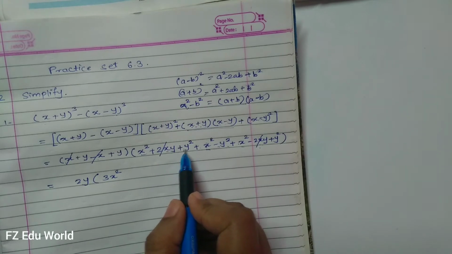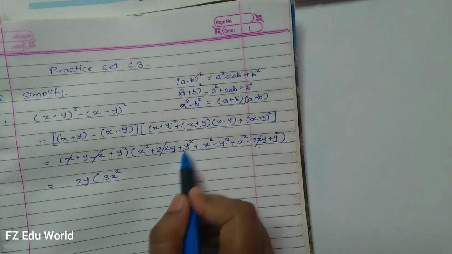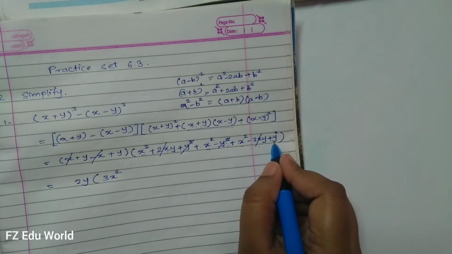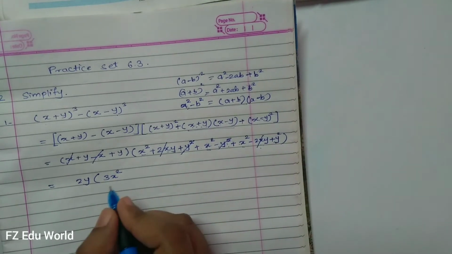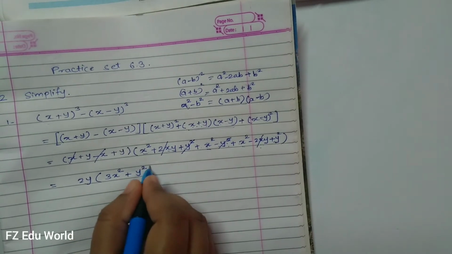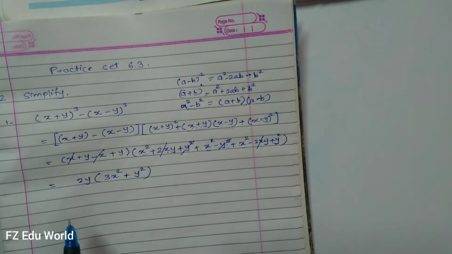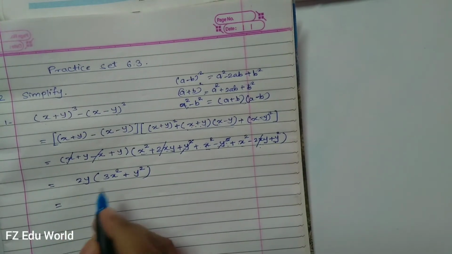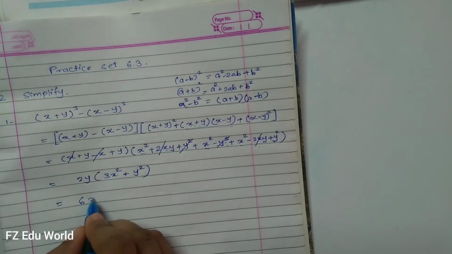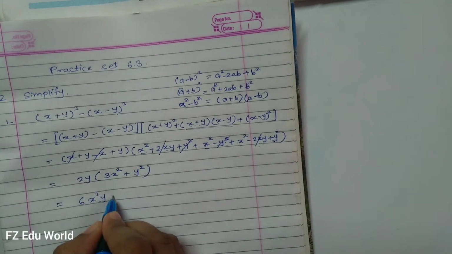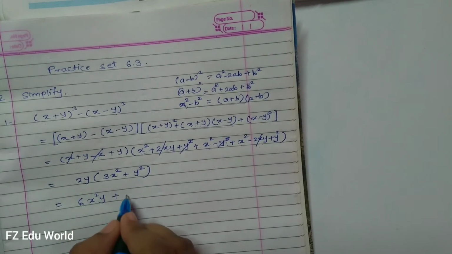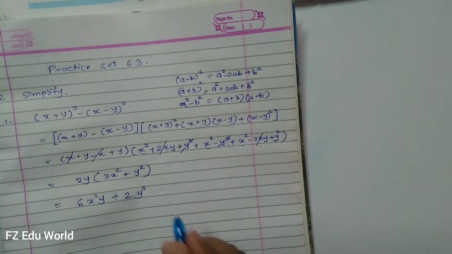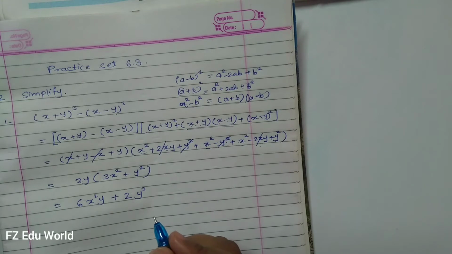Then y square minus y square will get cancelled, and what is remaining? Plus y square. Now we will further simplify this. 2 3s are 6, x square y, plus 2 1s are 2, y multiplied by y square, that is y cube. In this way we have to solve.